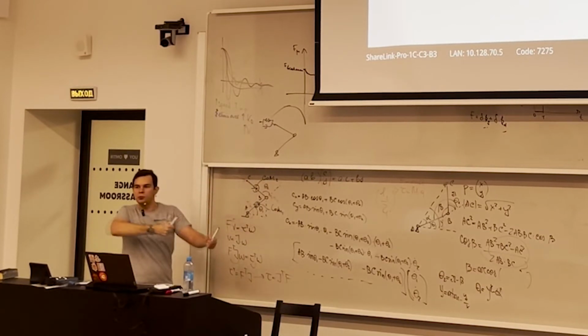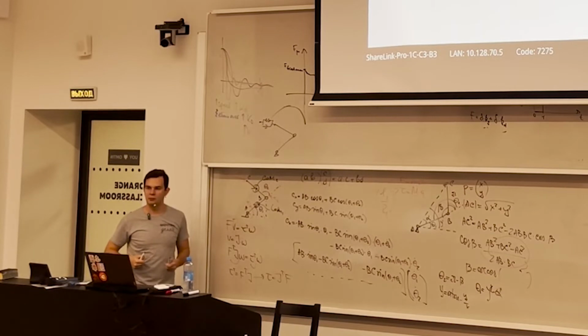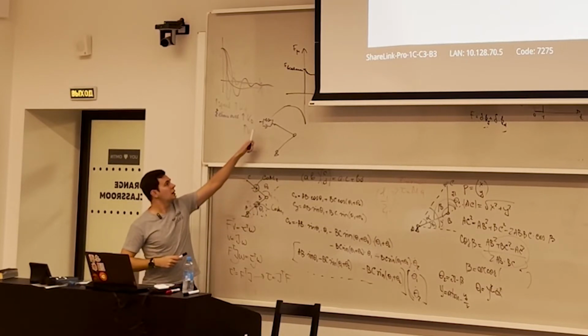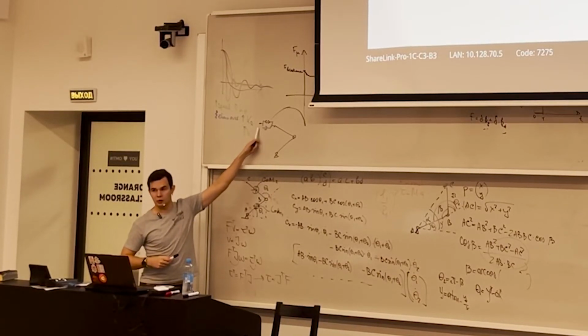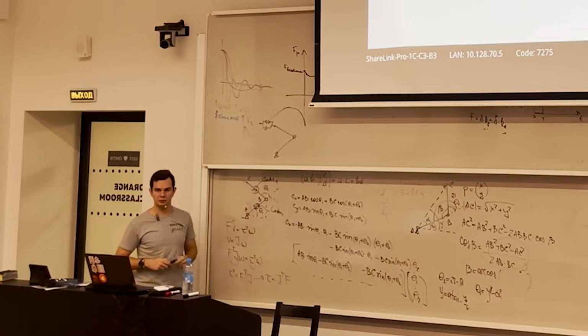And this spring pulls the end effector right here. So if there is a difference between an actual position and the desired one, it generates force which is applied to the end effector.